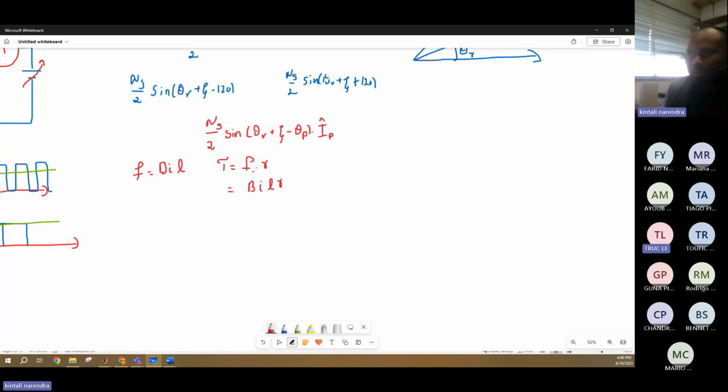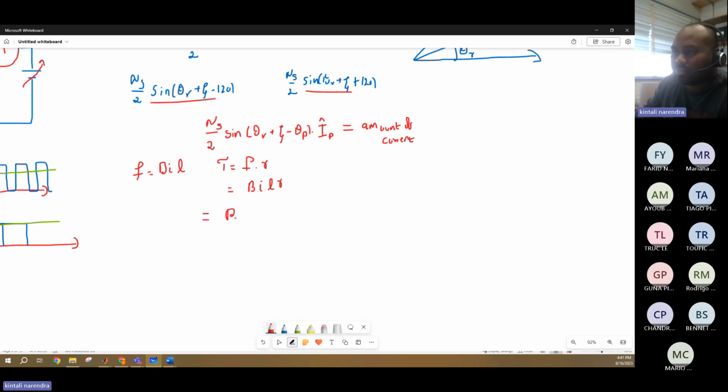Now, if the winding is changing, the major thing it is changing is the current, right? This is the winding ratio which we wrote and normalized without I p. Once I add I p, this is the amount of current flowing. So I is the current in the formula.